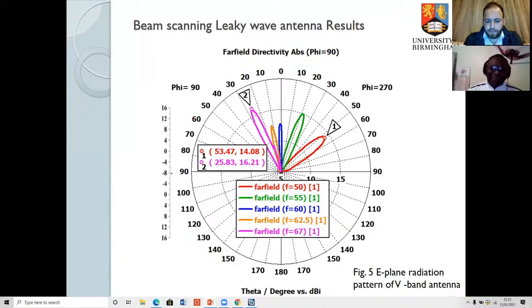As you can see, at 50 gigahertz, as we scan, we had beam scanning from 53.47 degrees, and at 67 gigahertz, when we scanned the beam, we had 25.8 degrees. And so the total scanning range of this particular antenna is almost 90 degrees, or more or less 90 degrees or 70 degrees, as you can see on your screen.